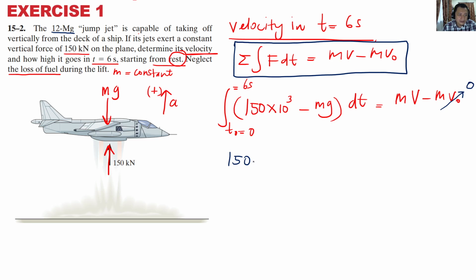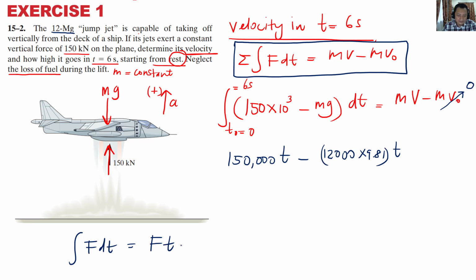150 times 1000 t minus mg, 12,000 times 9.81 t. Why? Because when you integrate F dt you get Ft.